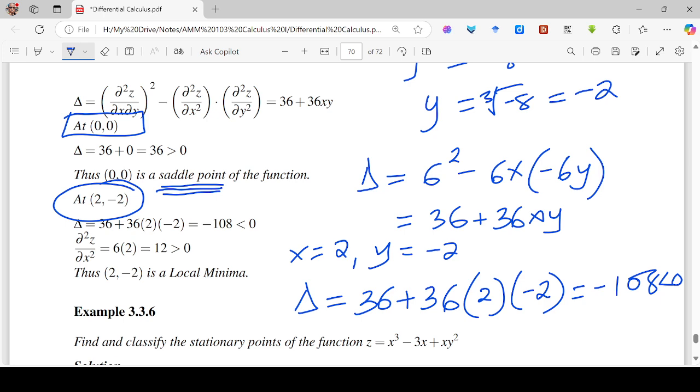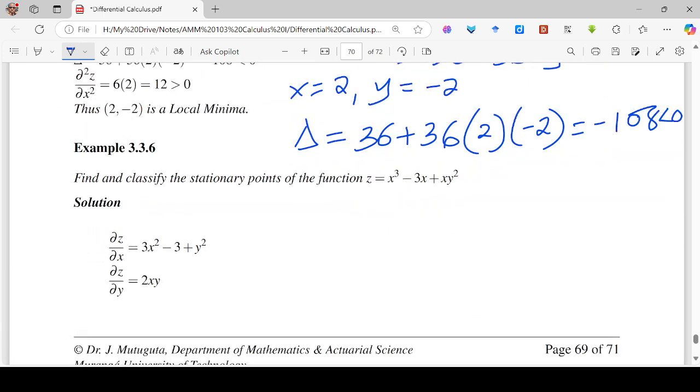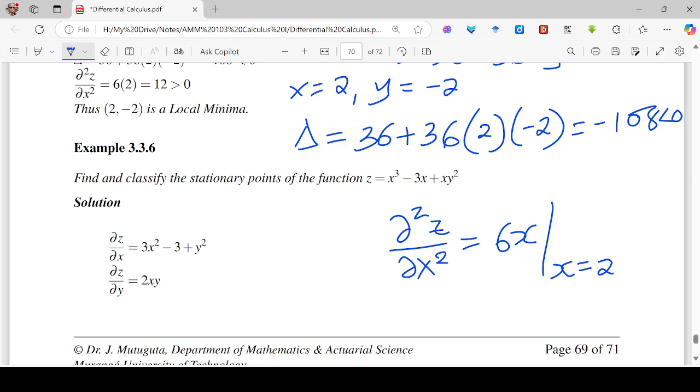It's less than 0. So we need to find the value of d squared z by dx squared at that point. Remember, this quantity was 6x, but we want to find its value when x is equal to 2. That's the value of x at the stationary point.